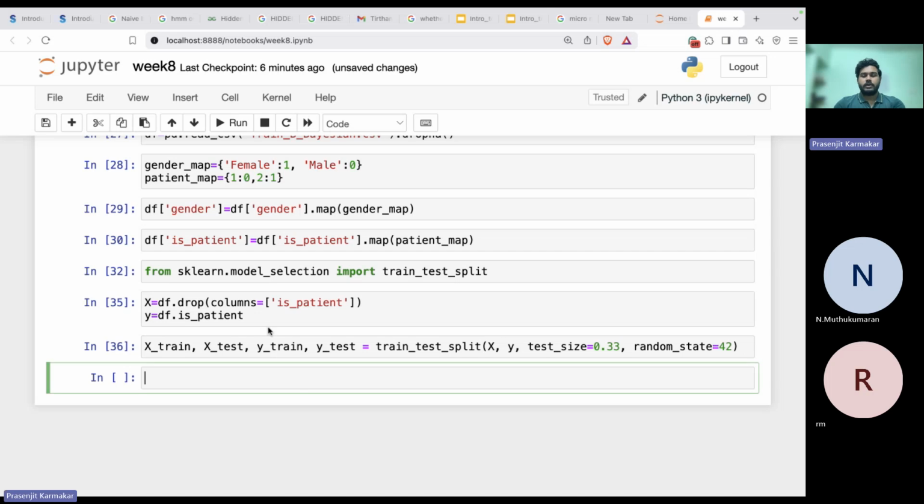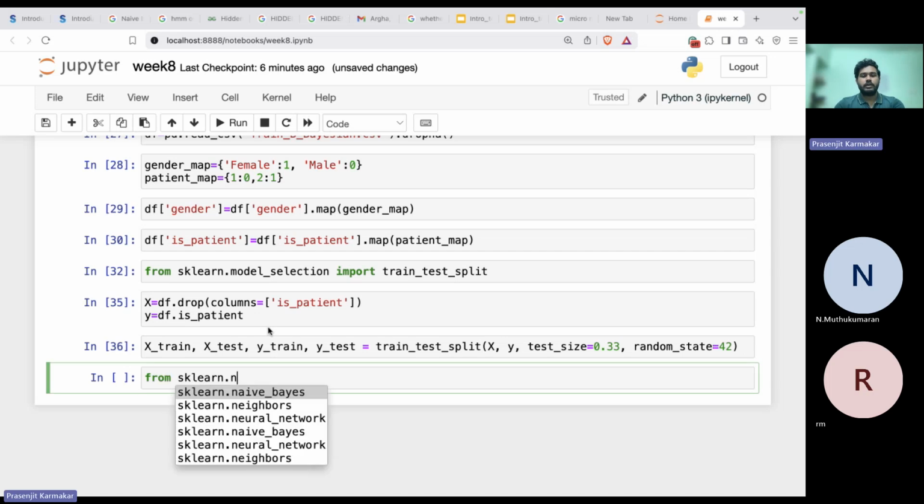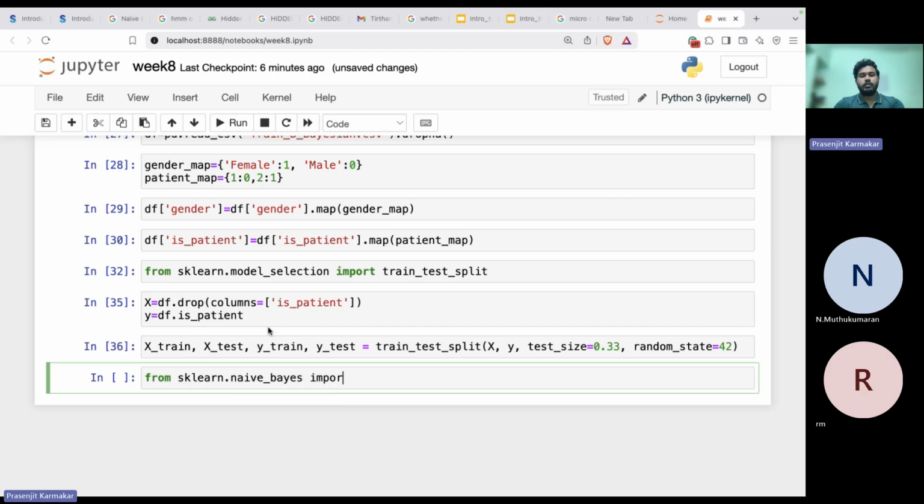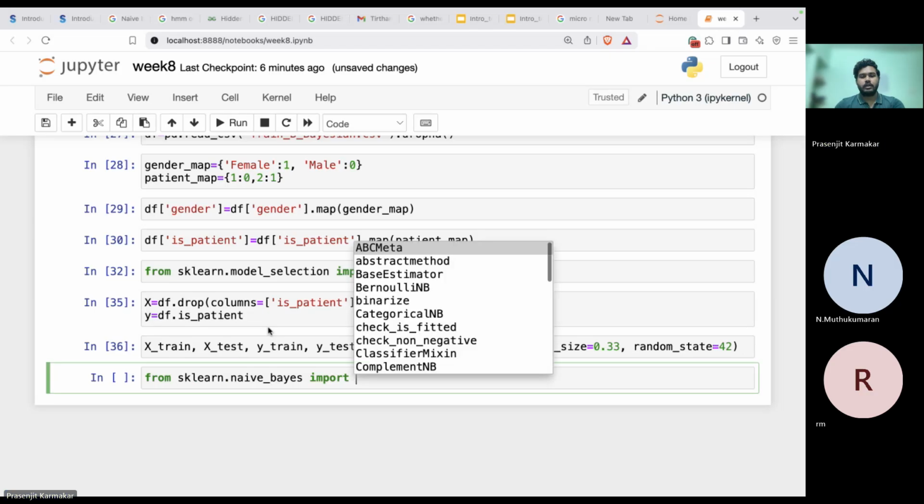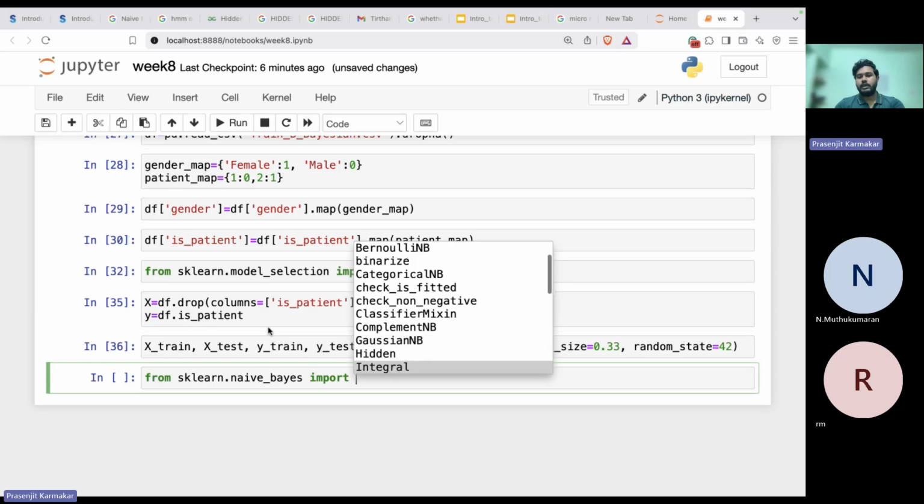Okay. So now from sklearn.naive_bayes import Gaussian NB, or Multinomial NB.